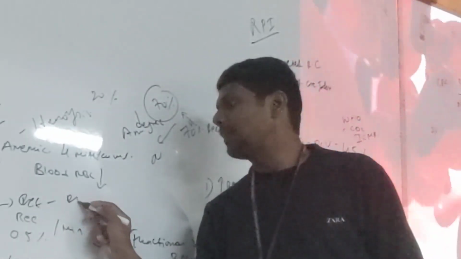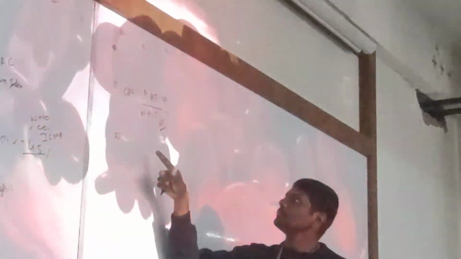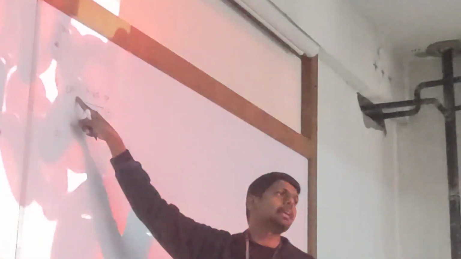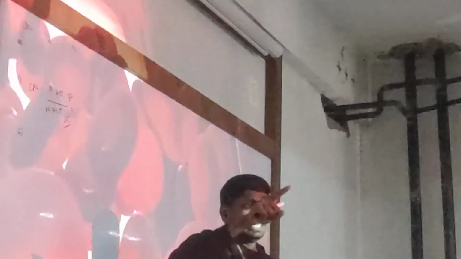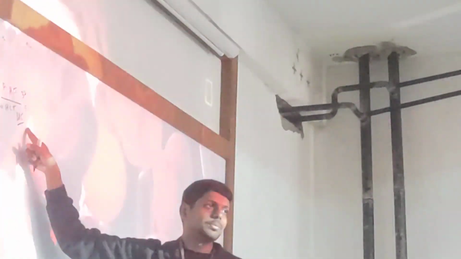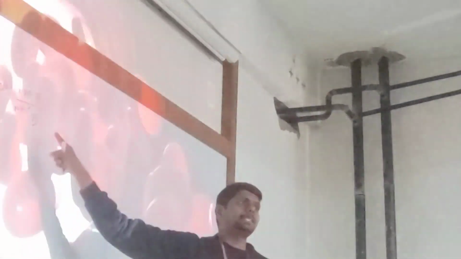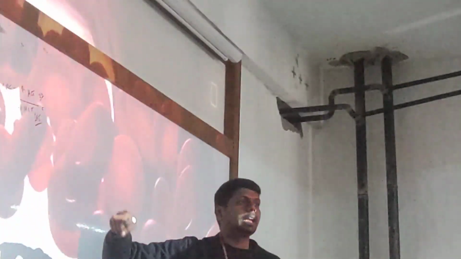The corrected reticulocyte count value we take from the patient's current PCV value divided by the normal PCV value. We are integrating PCV values into the reticulocytes. Why we are integrating PCV, we will see later.